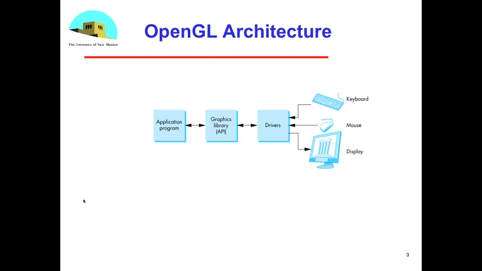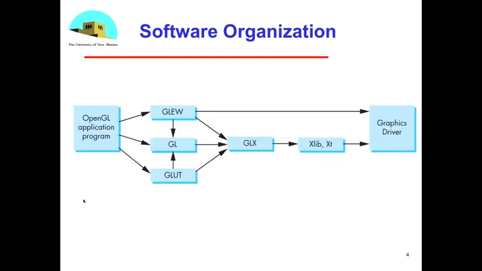If you looked at it from the left side of our application program, you might see something that looked a little more like this. This is what we're not doing now, but any of you who took 412 or another graphics course probably saw something like this, where the OpenGL application program would produce a bunch of function calls to libraries: the core OpenGL library, and another library that, for teaching, many people use, called GLUT, to provide the input services and windowing services that you need.